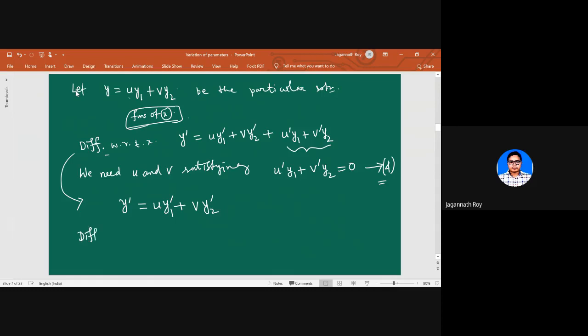Again, if we differentiate with respect to x, then we get y double dash equals u dash y1 dash plus u into y1 double dash plus v dash y2 dash plus v into y2 double dash.